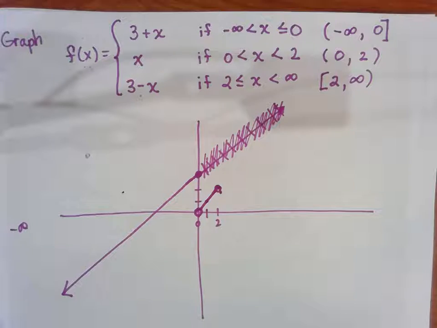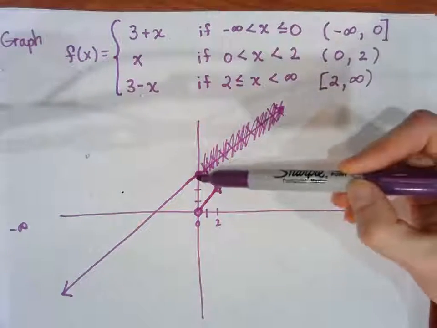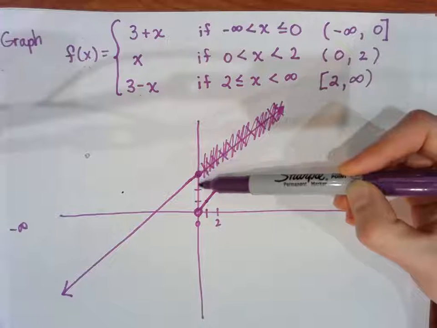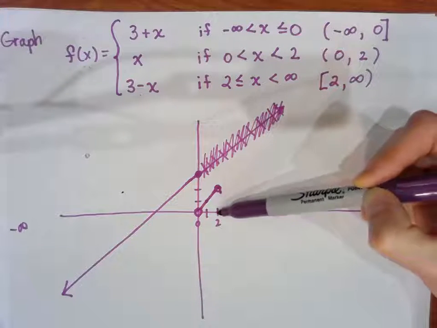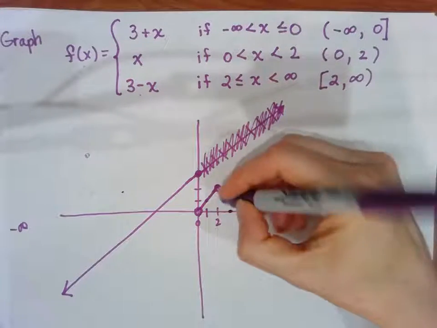So again, it would be the line that intersects the y-axis up here at 3, but then it has a slope of -1. So it would rise -1, run 1, rise -1, run 1, rise -1, run 1. So it would cross here.